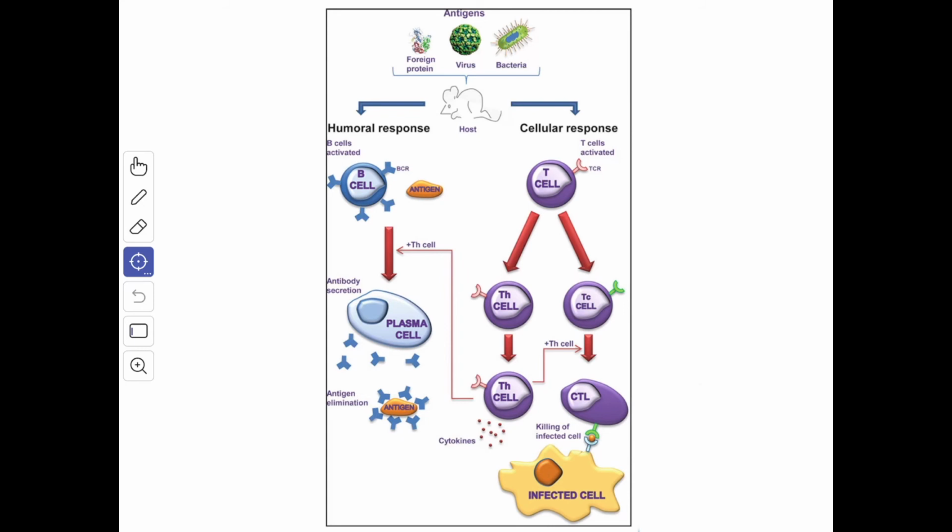So this is how immunity against the particular antigen is acquired. The helper T cells are specifically destroyed by the virus responsible for acquired immune deficiency syndrome, that is AIDS, which results in the loss of immunity.